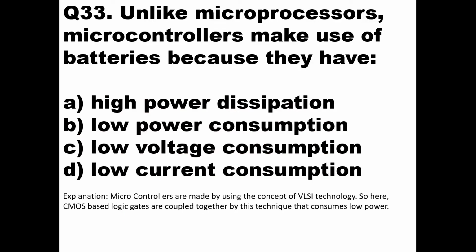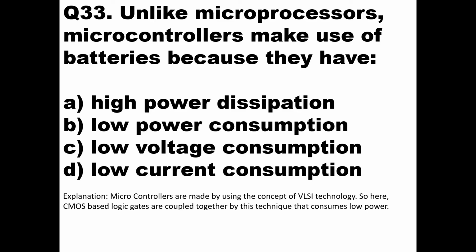Here he is asking, unlike microprocessors, microcontrollers make use of batteries because why? Because they have low power consumption. That is the best answer. That is the correct answer over here, because microcontrollers are based on the concept of very large scale integration technology, VLSI technology.